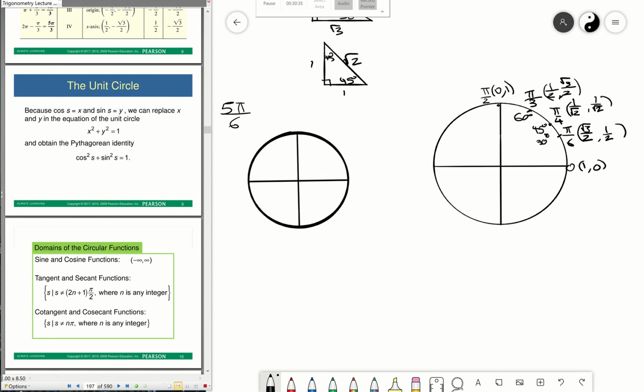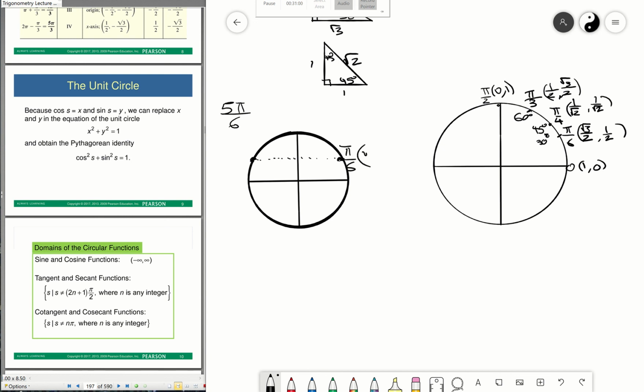So we need to go pi over 6 just shy of that right there. And if we use one of the sides of that symmetry rectangle, we realize that for 5 pi over 6, the reference angle would be pi over 6.